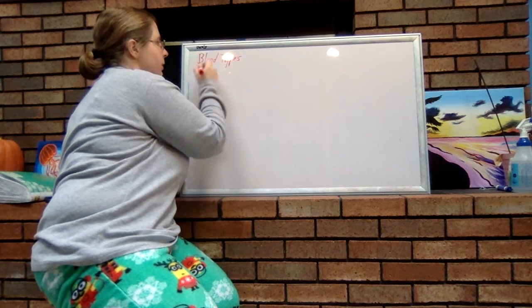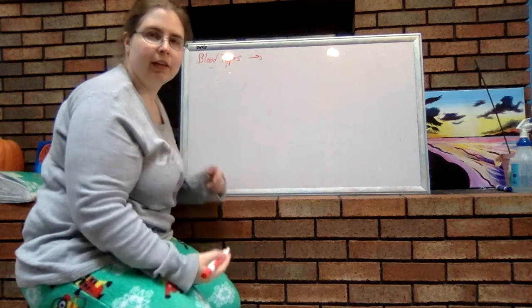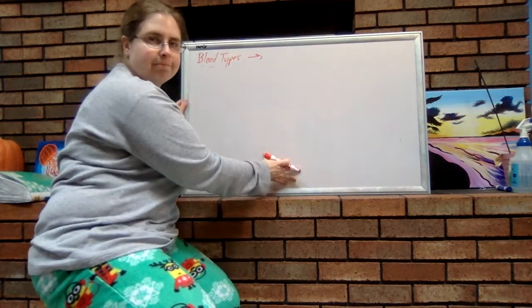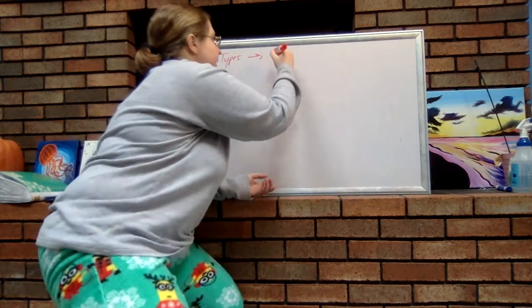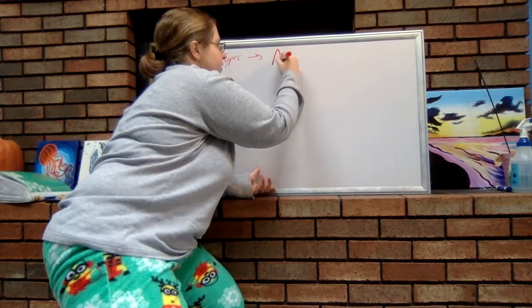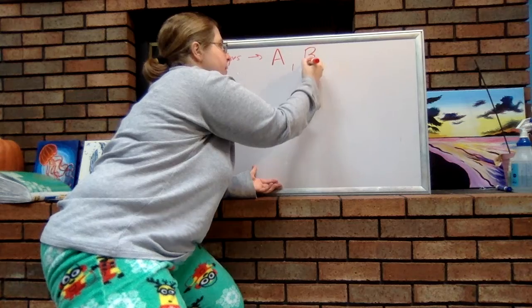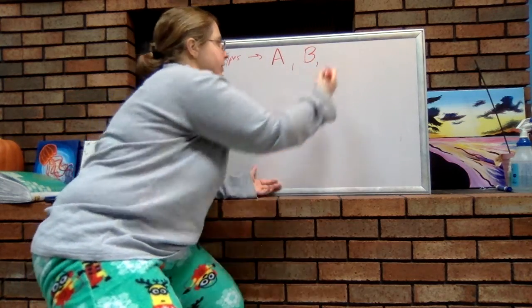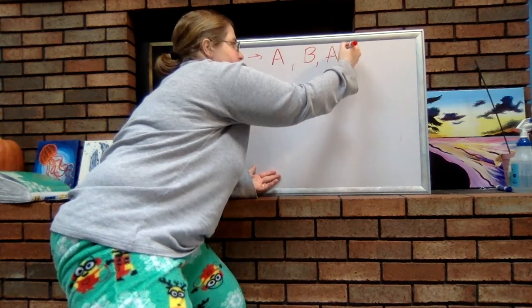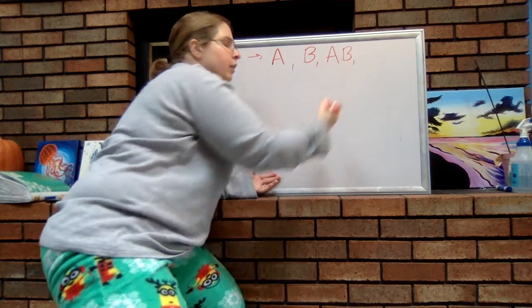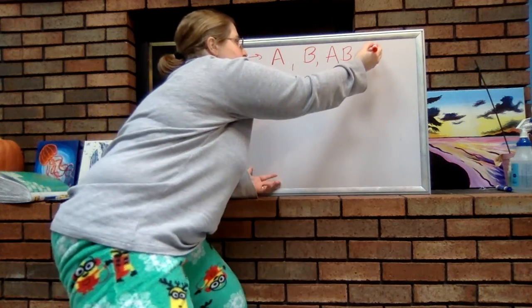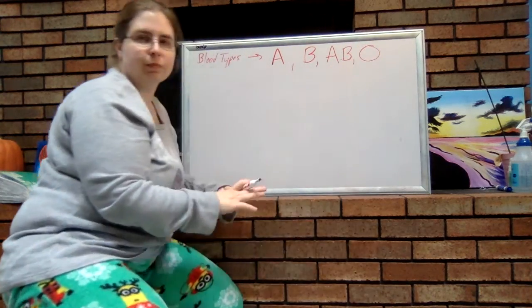So what kind of blood can you have? You can have A, so you can be blood type A. You can be blood type B. You can be blood type AB. Or you can be blood type O.